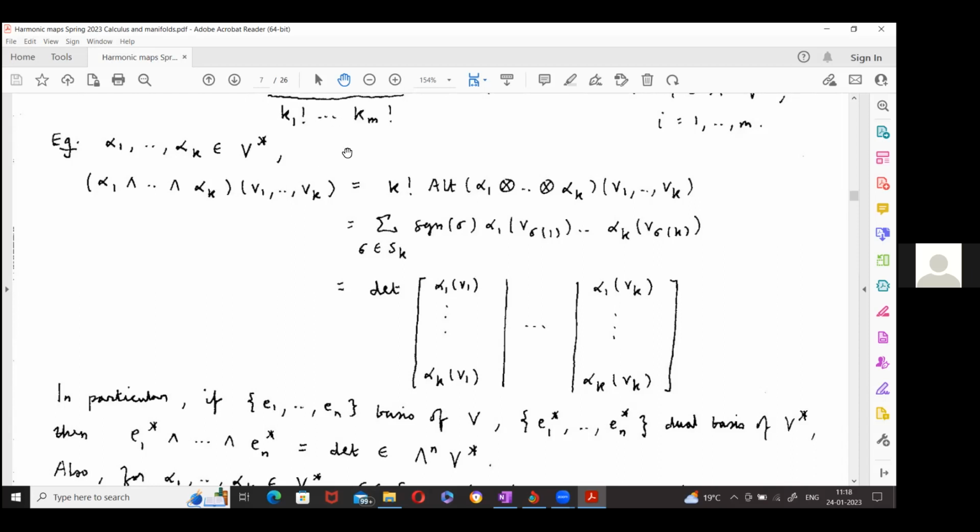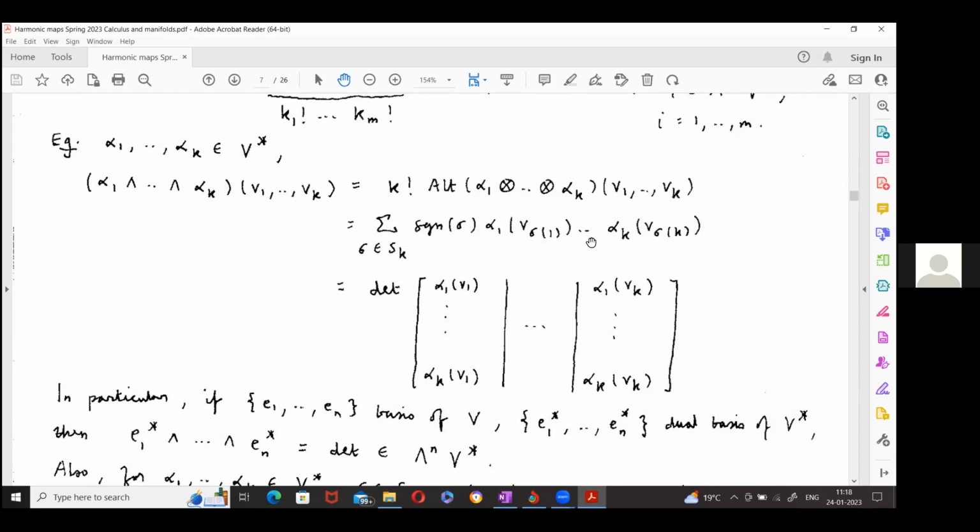From the above formula, this is K factorial times alt of alpha 1 tensor up to alpha K acting on V1 to Vk. Now, in the definition of alt, it's an average, so there's a 1 over K factorial that will cancel with this K factorial. So this will just become a sum over the symmetric group, sign sigma times alpha 1 of V sigma 1 up to alpha K of V sigma K.